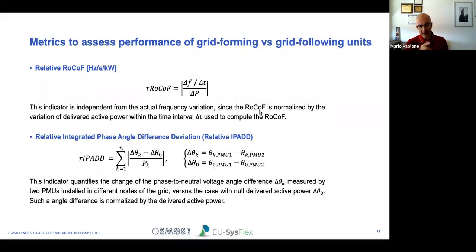The difference in the numerator of this formula is with respect to delta zeta 0, where delta zeta 0 is the phasor angle difference if there had not been any injection of power from the controller. So essentially what you want to quantify is how much your phasor angles are opened with respect to the case where no converter is providing these primary control actions.